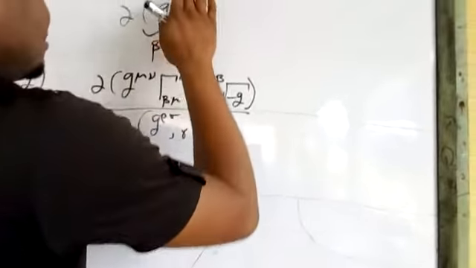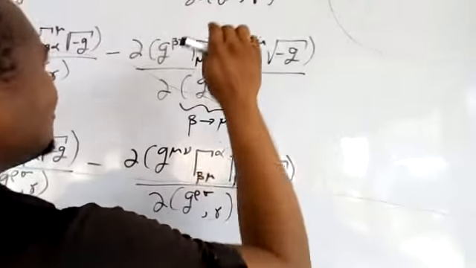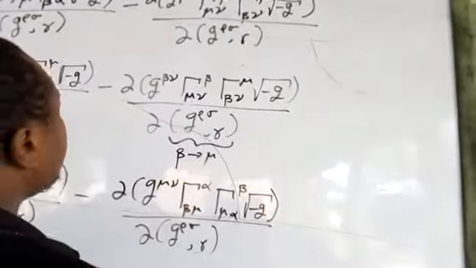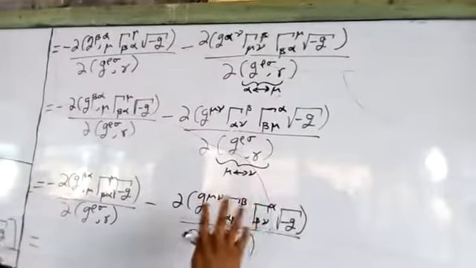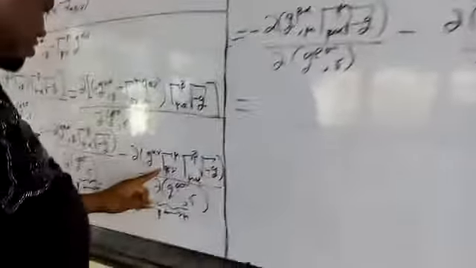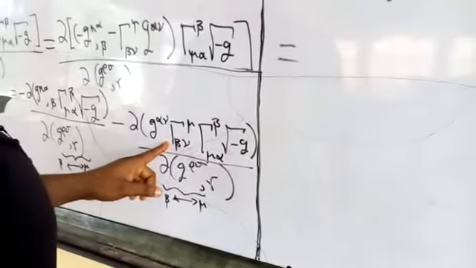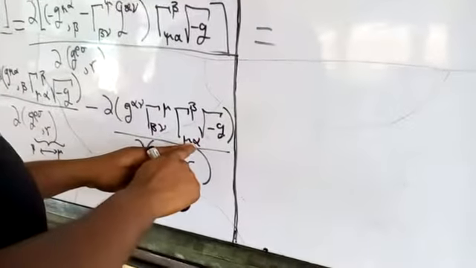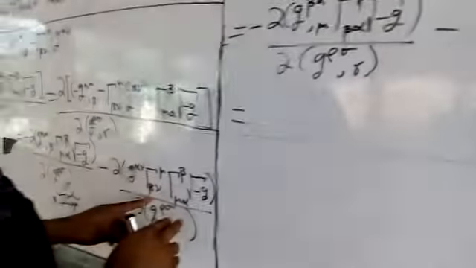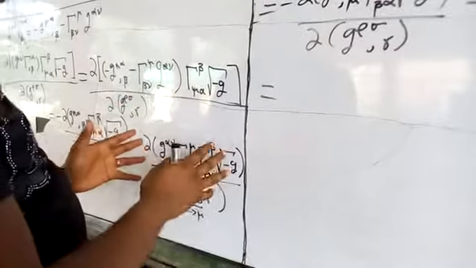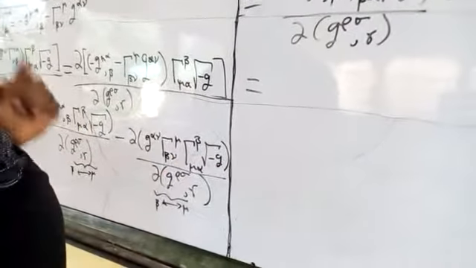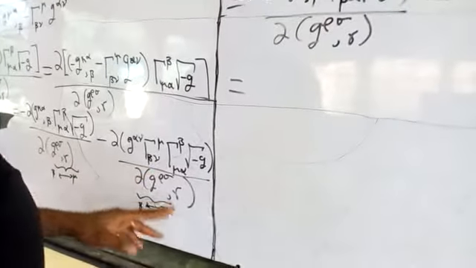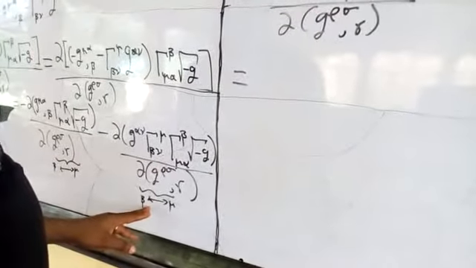I must have had a mistake somewhere here. Also, sorry for the mix-up. The issue was already from here. I actually mistakenly copied an alpha here as nu. I've changed that already, as you can see. So everything actually should have been from here. As you can see, what we had originally was this. So what I'll simply do, like I've said before, is an interchange between mu and beta.